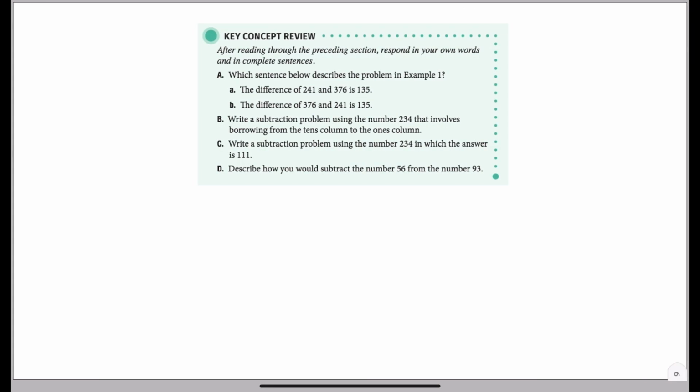So let's review some of the key concepts in this section before we go on. So we'll look at A. Which sentence below describes the problem in example 1?